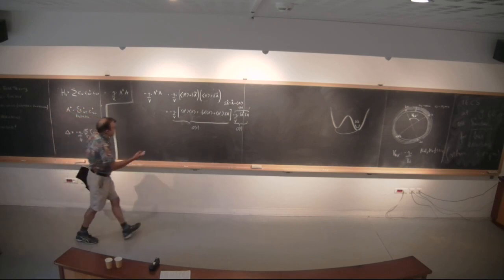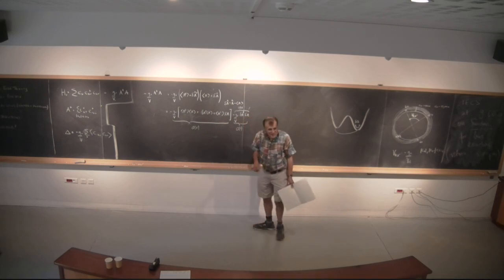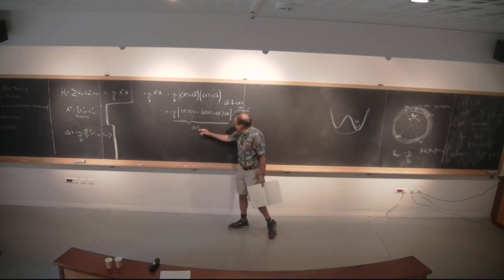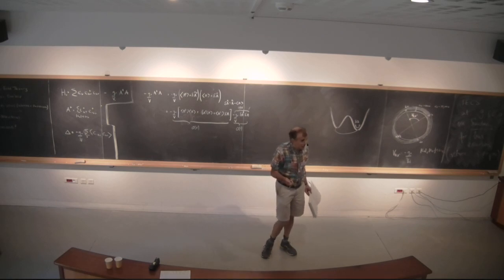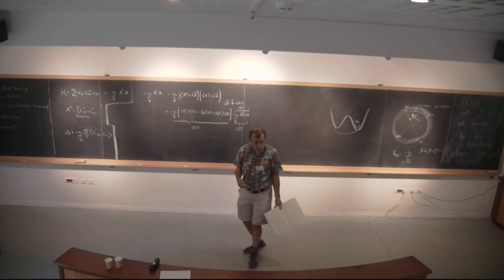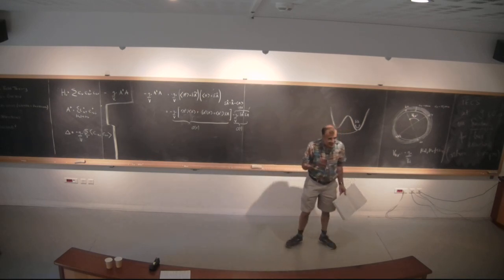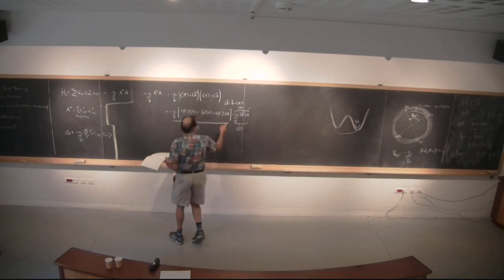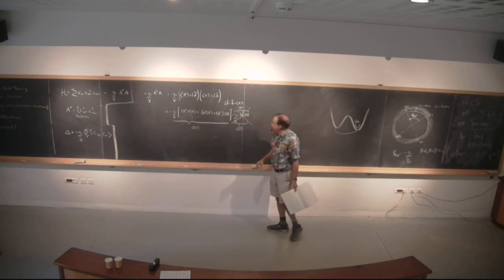If you prefer, we could also talk about this being of order N and this being of order 1. Because this is really volume measured in terms of unit cell size. It's a huge number. It's not 1 meter cubed, it's 10 to the 23 unit cells. Okay, so because of that, we can now take this audacious step and throw that away.